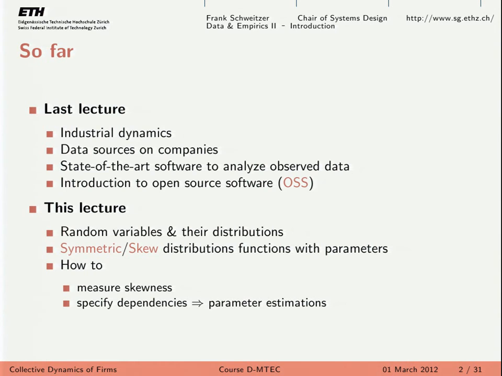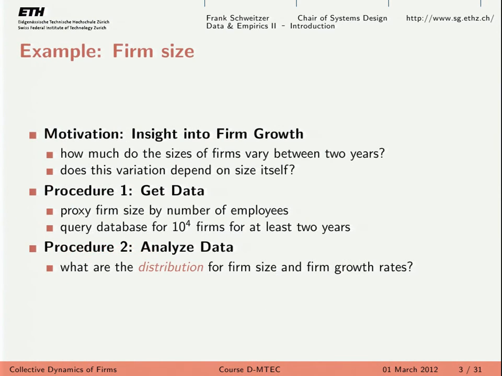And we will introduce two classes of distributions today that play a role through the whole course. These are the symmetric and the skewed distribution. In particular, you will learn how to measure skewness, and you will also learn how to determine specific parameter dependencies of these distributions.